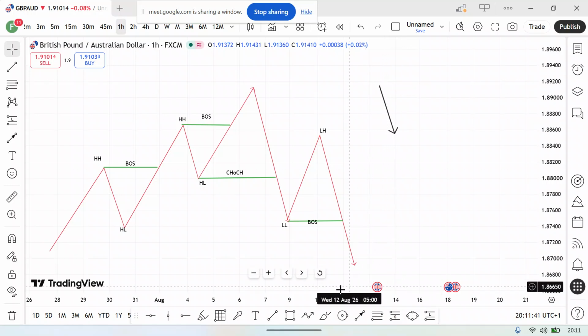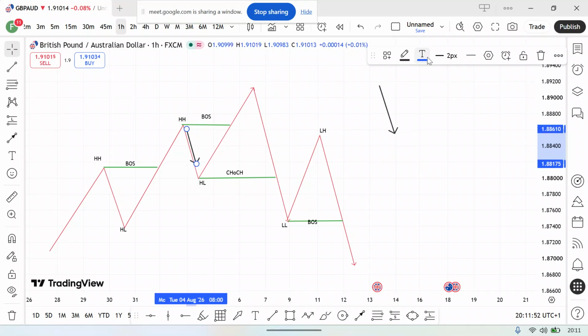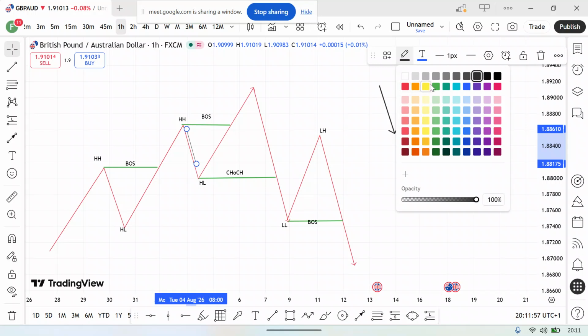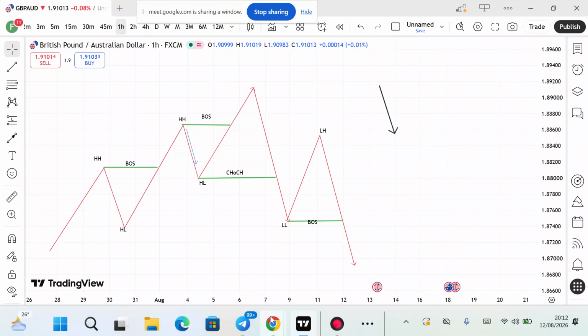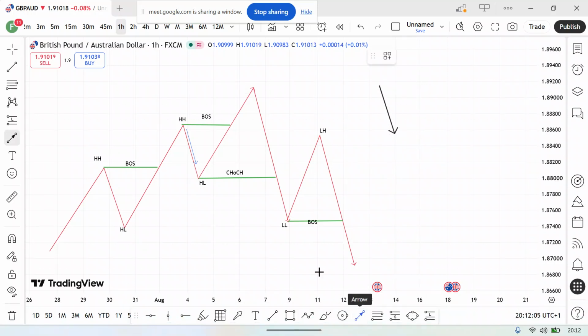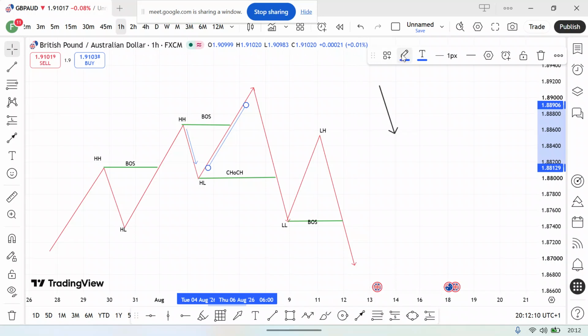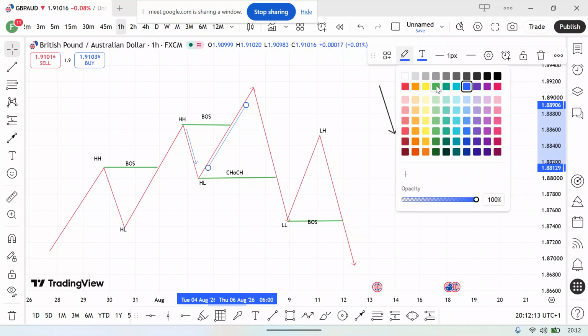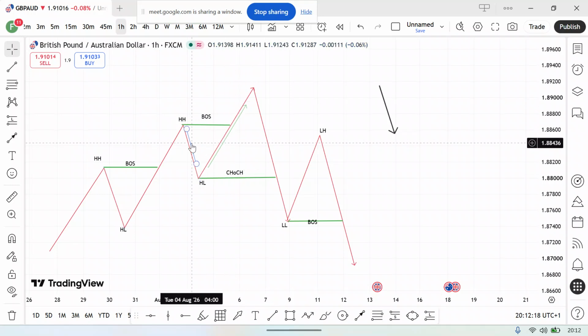And I also told you that in an uptrend, a small move that pulls to the downside is considered a correctional move, or you can call it correction, while this big move that goes up is considered impulsive. Okay, so you can name it.